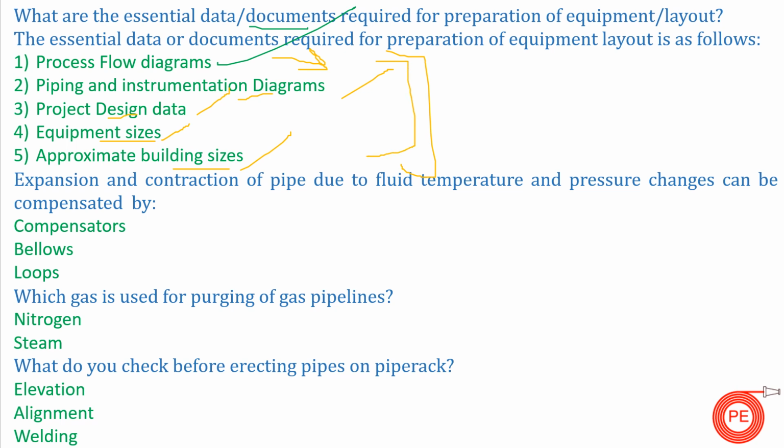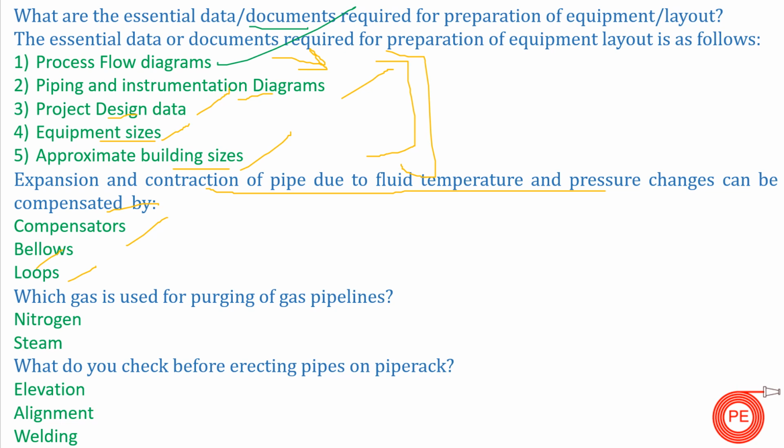Based on this, all this information is a must-require for a layout engineer to start preparing the layout. Next is, guys, expansion and contraction of a pipe fluid due to temperature and pressure changes can be compensated by what? So when a fluid is moving inside a pipe, there are expansion and contraction in the pipe sizes. So how do we compensate those expansion and contraction in the pipes? So we provide compensators, bellows, and loops.